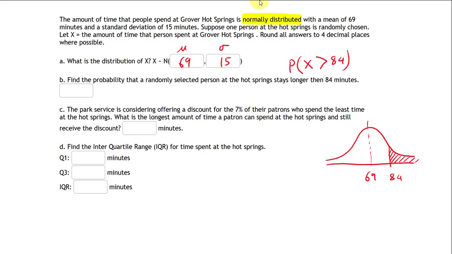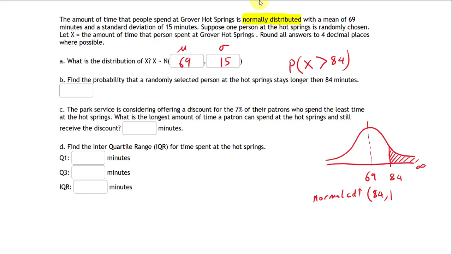In this case, I'm using the TI-84 calculator. And we use the function normal CDF to find the area under the curve. So we put in the lower limit. In this case, we start from 84 and then we go all the way to the upper limit. We want to go all the way to infinity, right? All the way to the right.